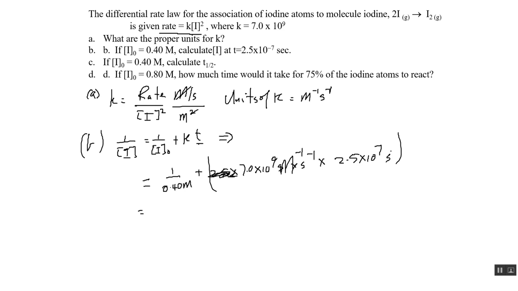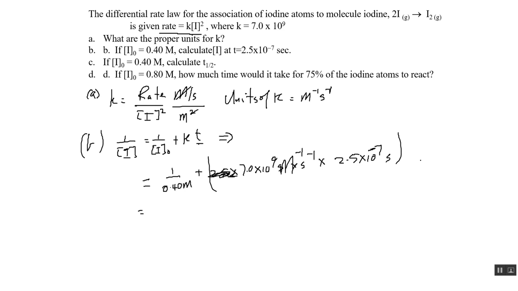So let me get my calculator here. 7 times 10 to the 9 times 2.5 times 10 to the 7. So according to my calculation, this works out to be equal to 1.8 times 10 to the 17. Okay, wrong, because this should be minus 7. So let me do this again. 7 times 10 to the 9 times 2.5 times 10 to the minus 7, and that equals 1.8 times 10 to the 3.